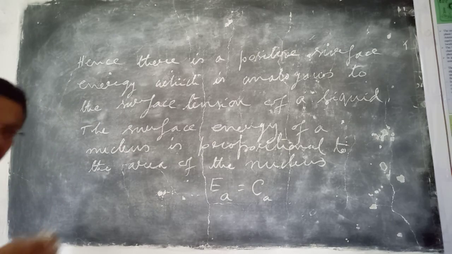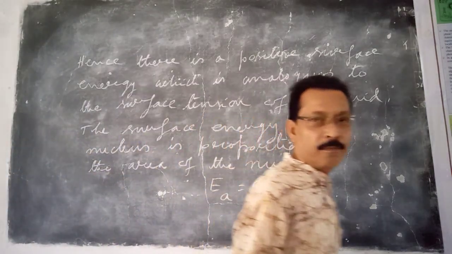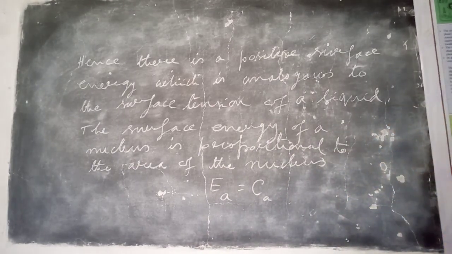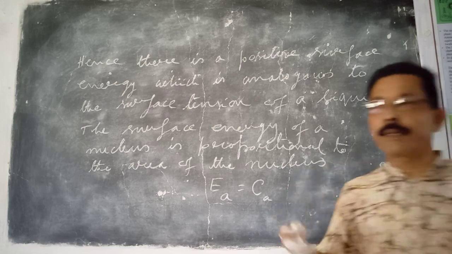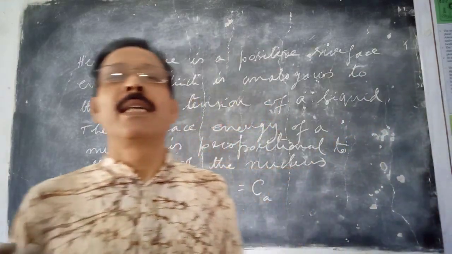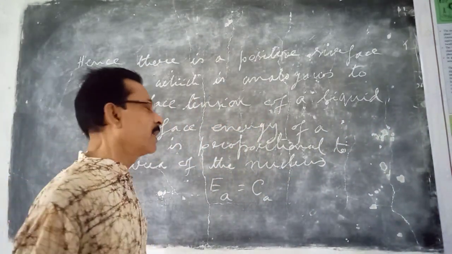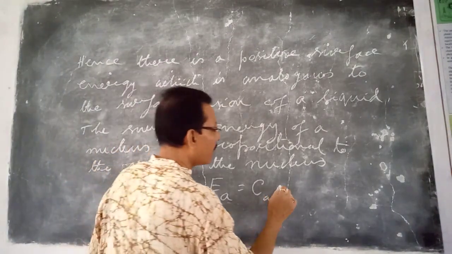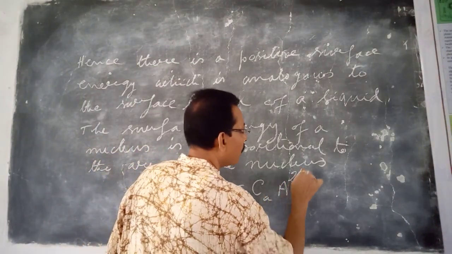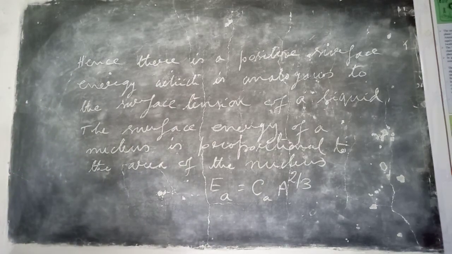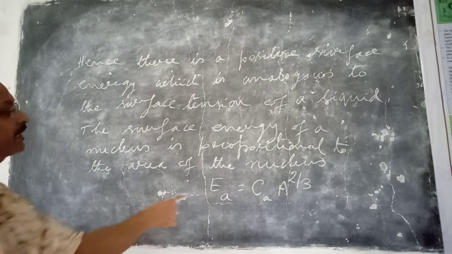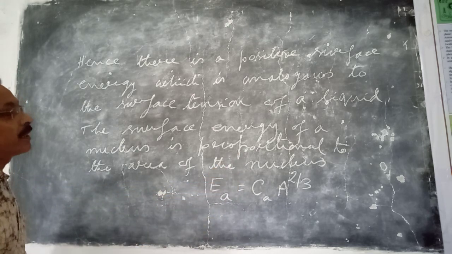And what is the surface area of a sphere? 4 pi r square. 4 pi is a constant quantity that is taken inside it. R square, R is proportional to A to the power 1/3, so R square is proportional to A to the power 2/3. So E_S is C_S into A to the power 2/3. So this is the surface energy term.